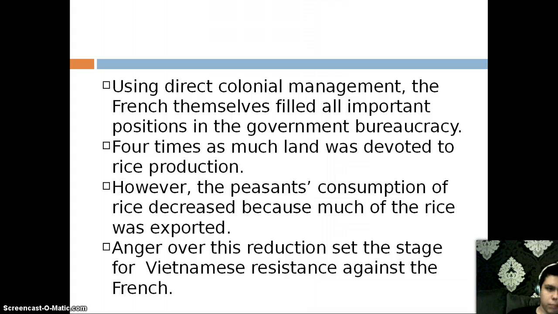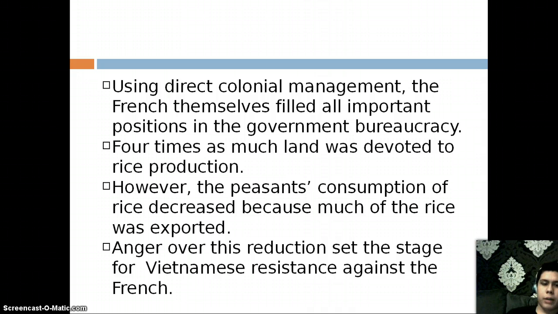Four times as much land was devoted to rice production. However, the peasants' consumption of rice decreased, because much of their rice was exported.